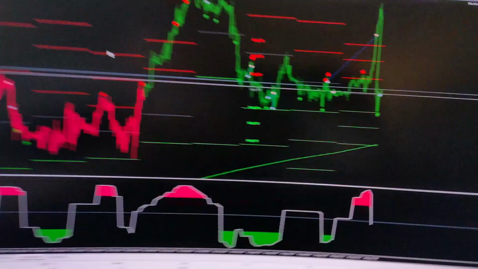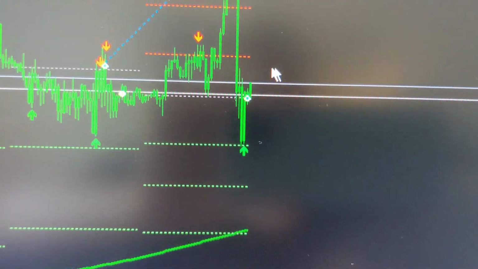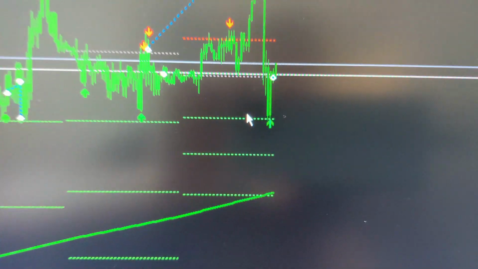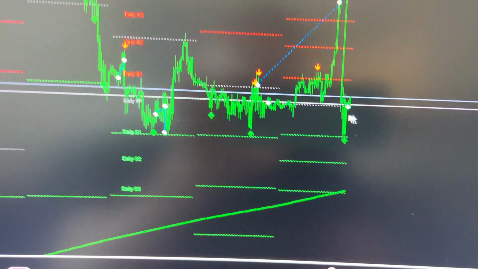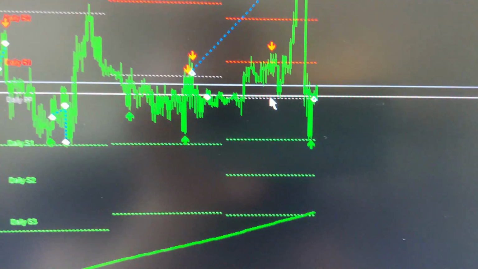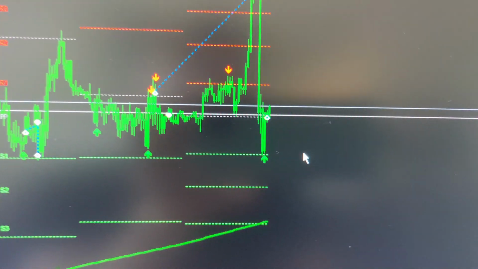So I ended up taking one last trade on the gold, and you can see the actual entry right here. So I have my candlestick pattern indicator that's added to this as well, which is an exclusive for the Comeback Kid Manager EA. This is going to be in version 1.4 of the Comeback Kid Manager EA, which is releasing pretty soon.